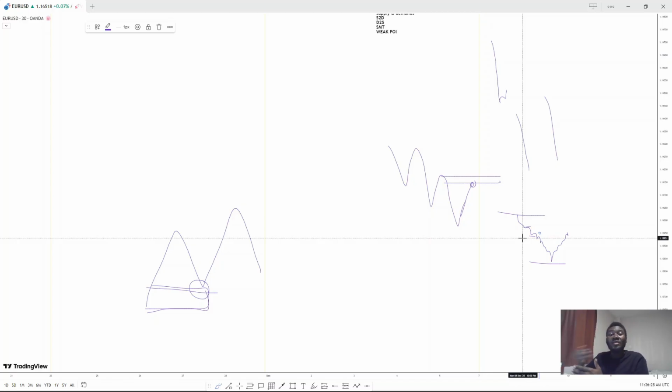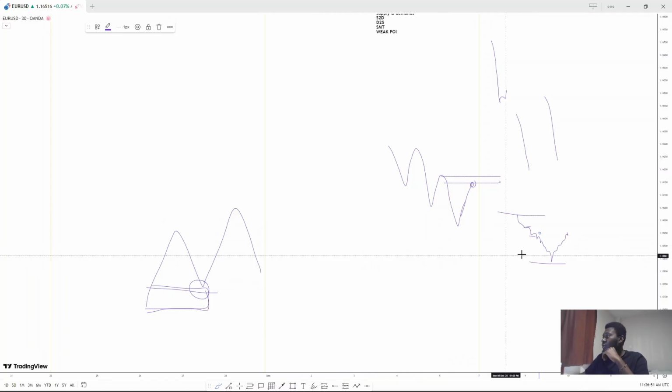To tell you that there is a complex pullback about to begin, rather than a break of structure. So an internal break of structure is different from a break of structure, because a break of structure is when the external highs and lows, or when the external high or low is broken. Are you guys getting it?